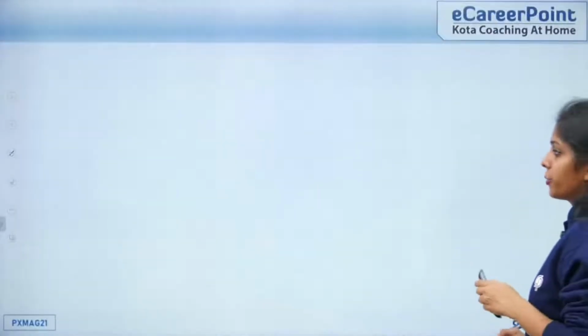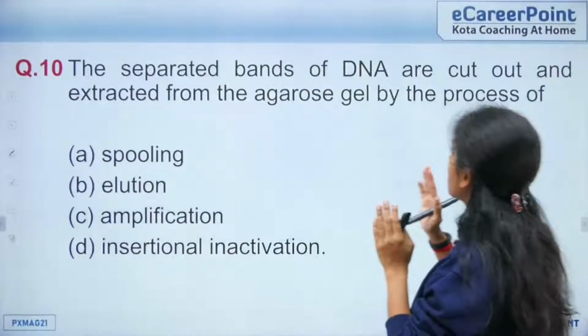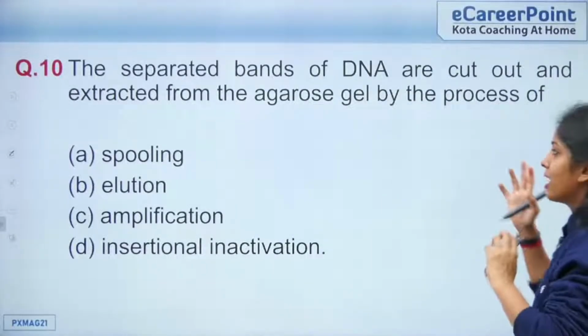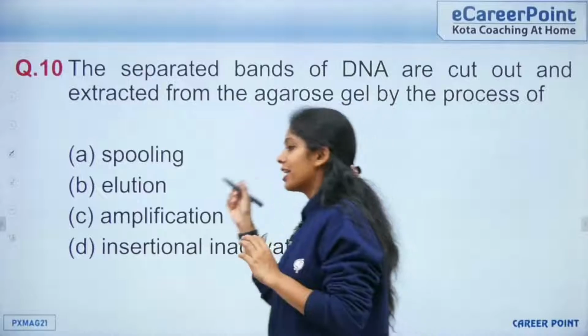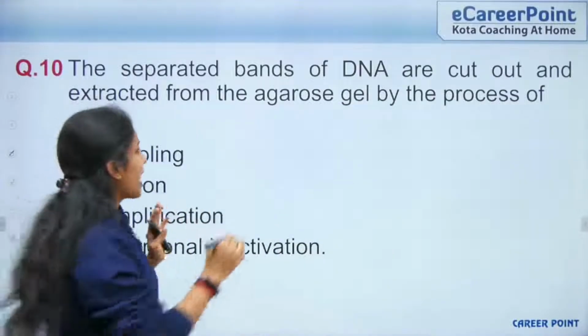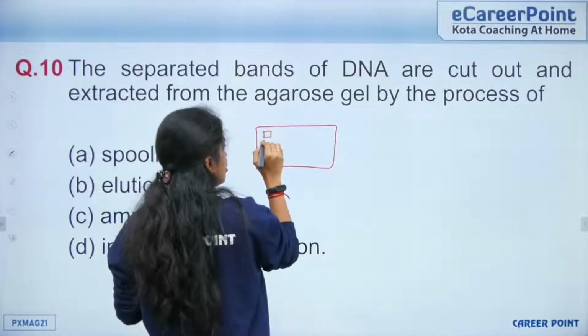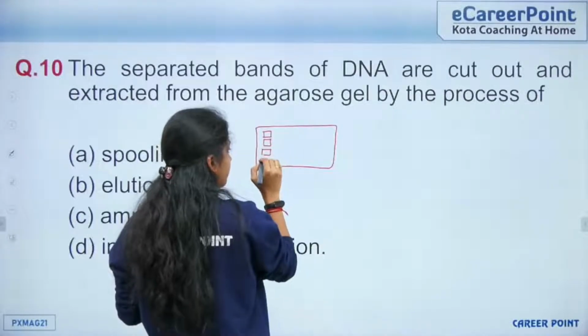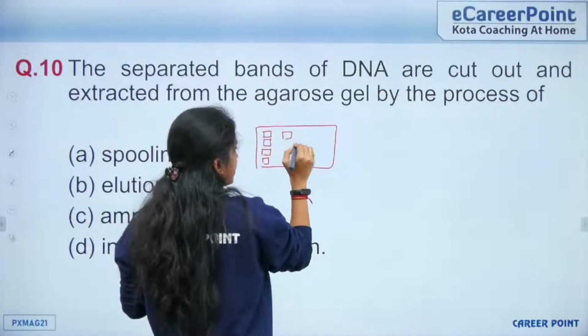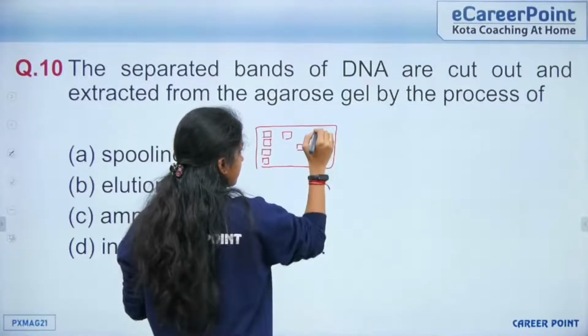Question 10. The separated bands of DNA are cut out and extracted from the agarose gel by the process called. After I have found my gene of interest on the agarose gel, imagine this is my ladder and I'm getting bands like this.